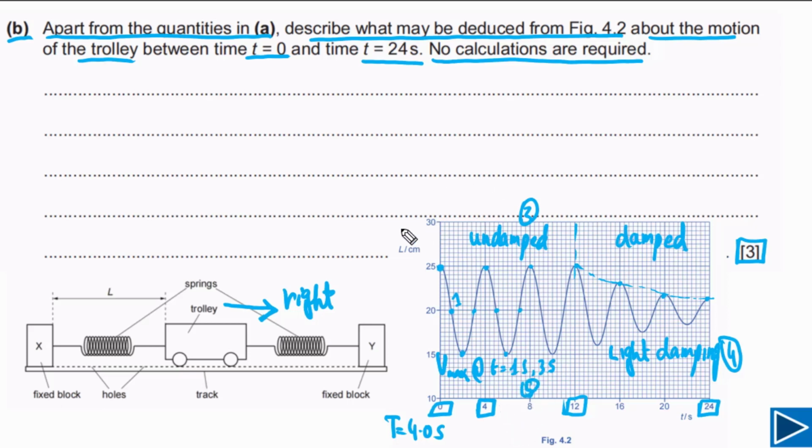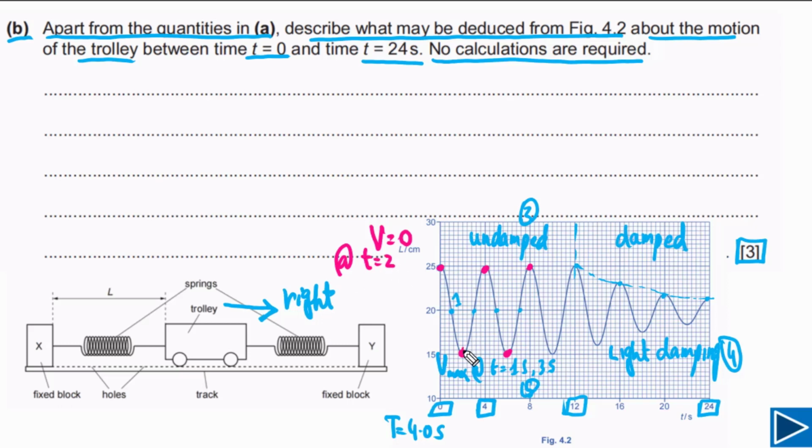From this graph, we can also find out when the trolley speed is equal to 0. The speed of the trolley will be equal to 0 when its displacement is maximum, meaning at this point its displacement is maximum, so the trolley will be stationary. So simply we can say the trolley will be stationary when t is equal to 2 seconds.